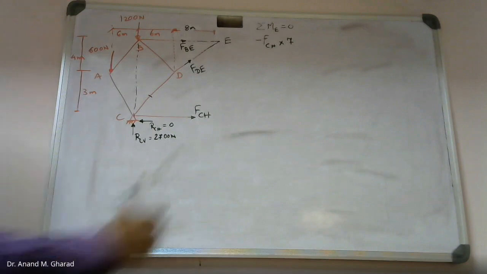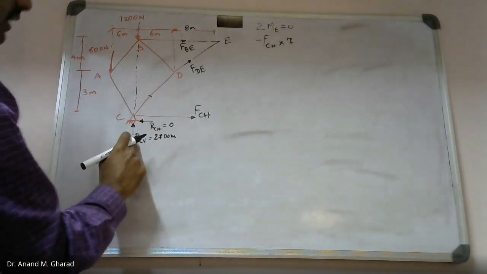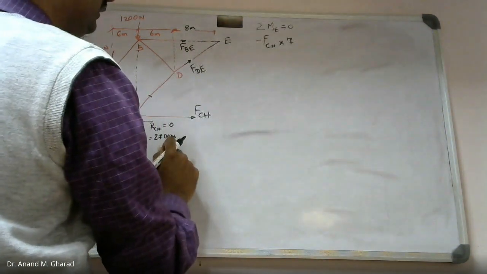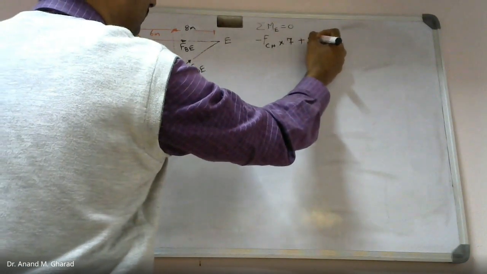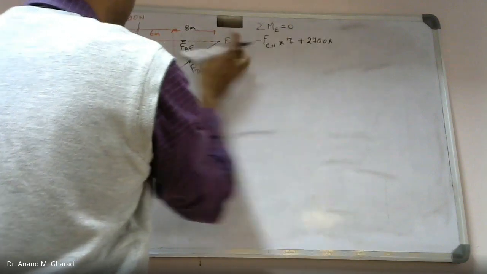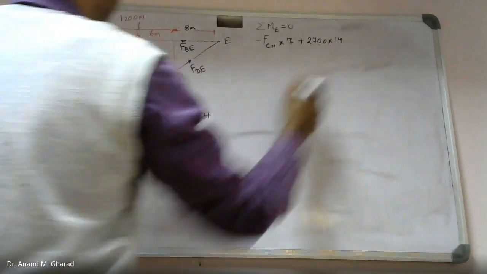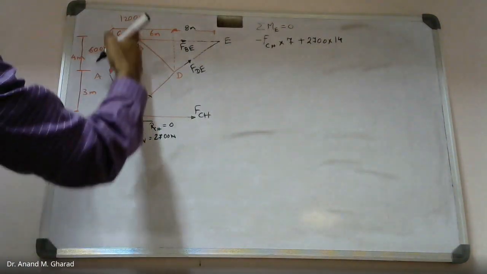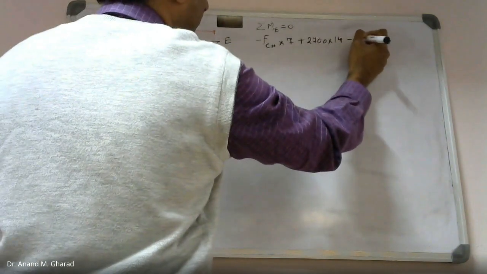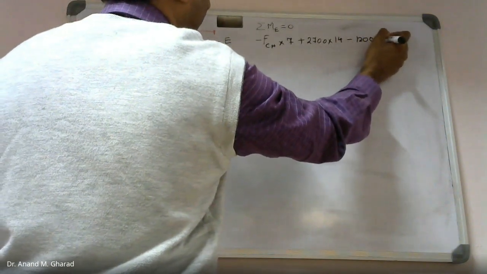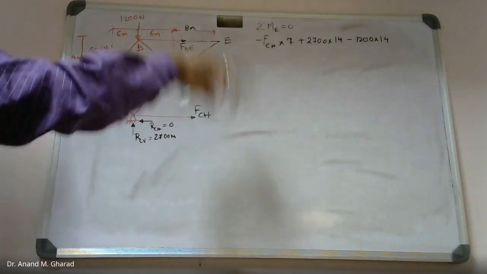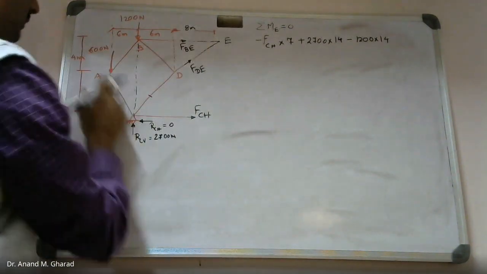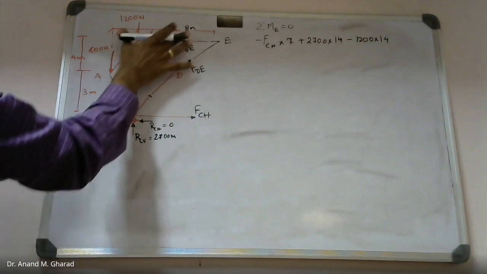Then what are the other forces involved? This RCV, which is 2700. This will rotate about point E in the clockwise direction. The distance is 14. Then again 1200 into 14, because this is that force. This is rotating in the anti-clockwise direction. This 600 into 14.